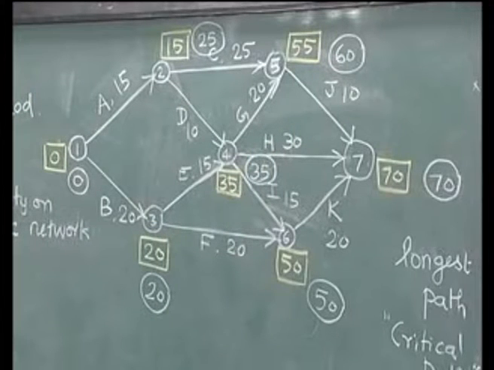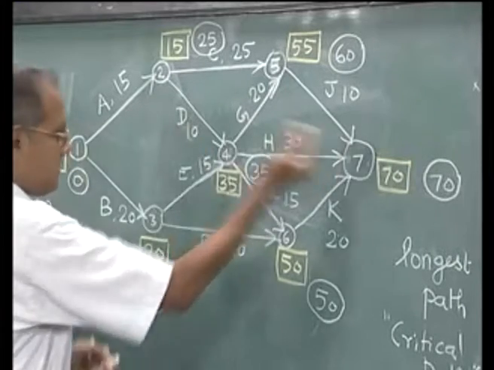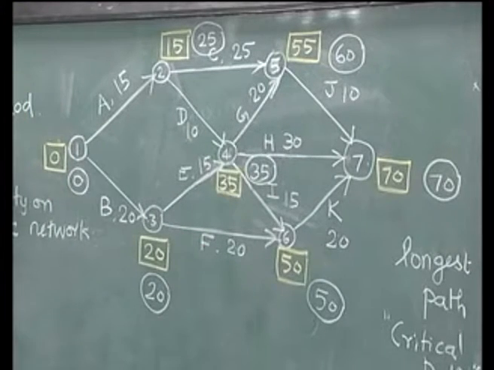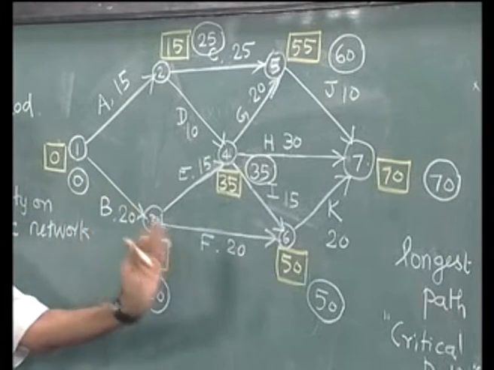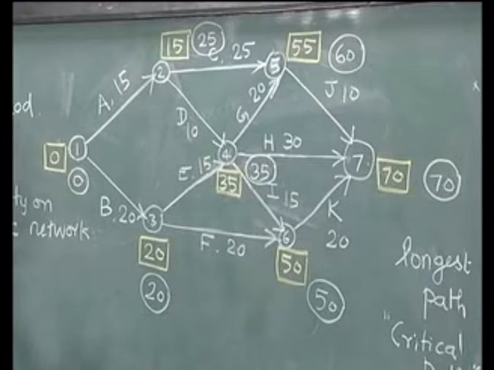We also observe that we are able to get a path that starts from 1 and ends with 7 in this network, such that all the vertices in the path have equal values of the forward pass label and the backward pass label.